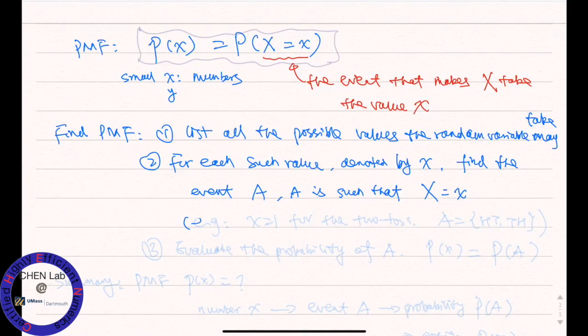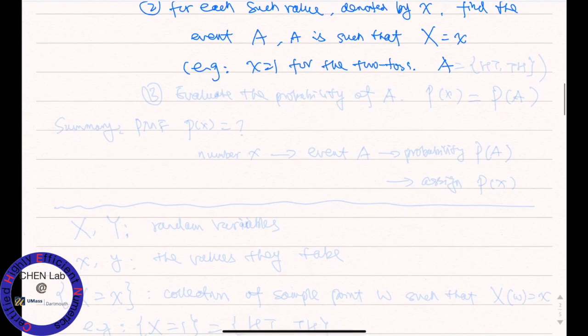E.g., when x is 1 for that 2 toss example, A would be the corresponding event, which is HT, TH.